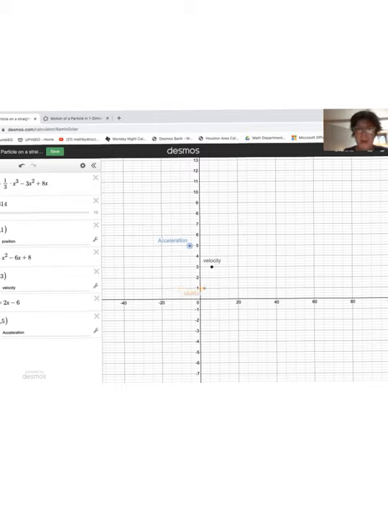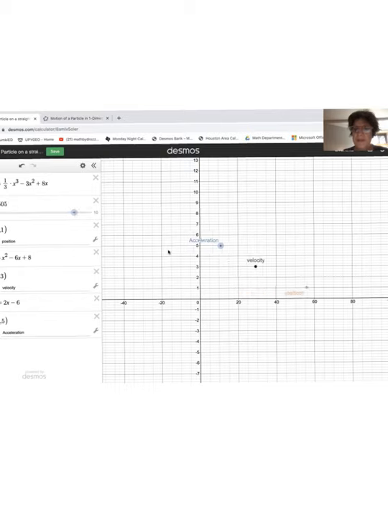So let's watch the animation. Okay, so now the particle's moving to the right, it's slowing down. The acceleration and velocity are in opposite directions. And now the particle is going to move to the right. It might speed up a little bit because the velocity and acceleration are to the right.